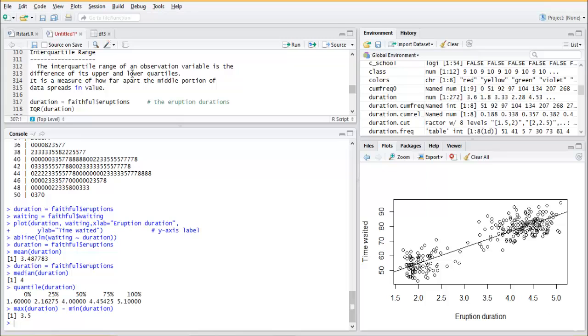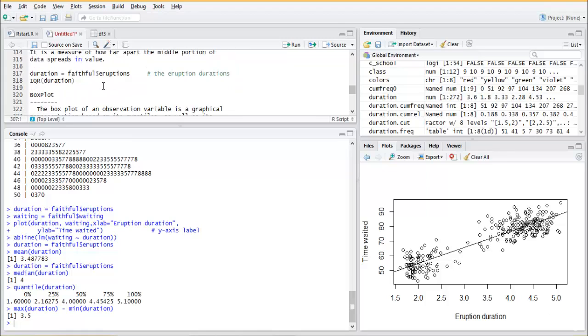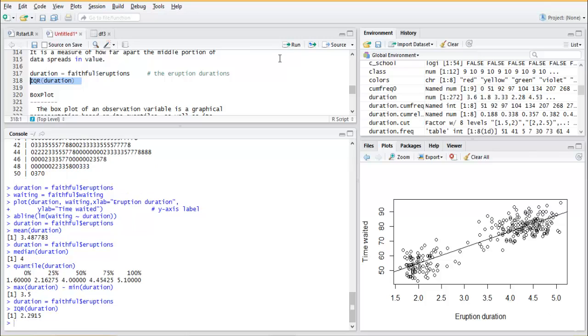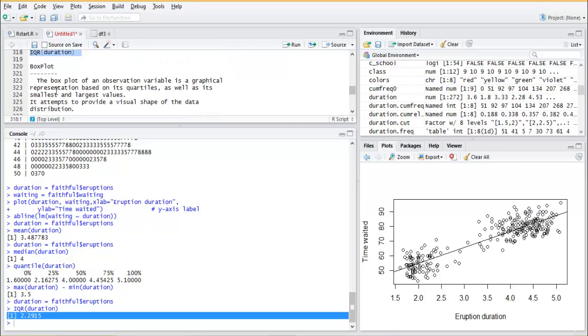It's a measure of how far apart the middle portion of the data is spread. So IQR is the function that can give you a quick interquartile range. That's 2.2915. The overall range in the data is 3.5, but the interquartile range is 2.29.